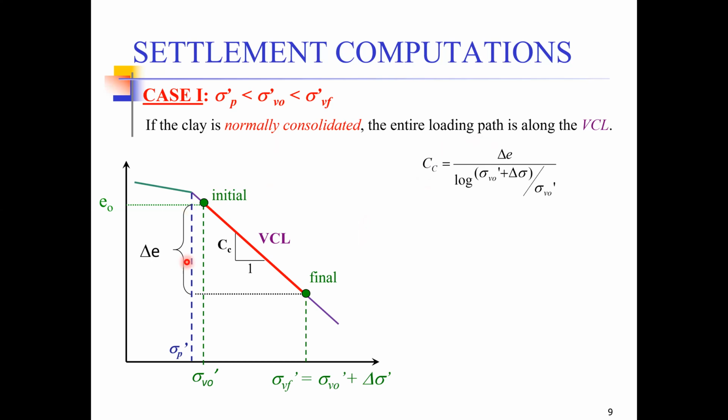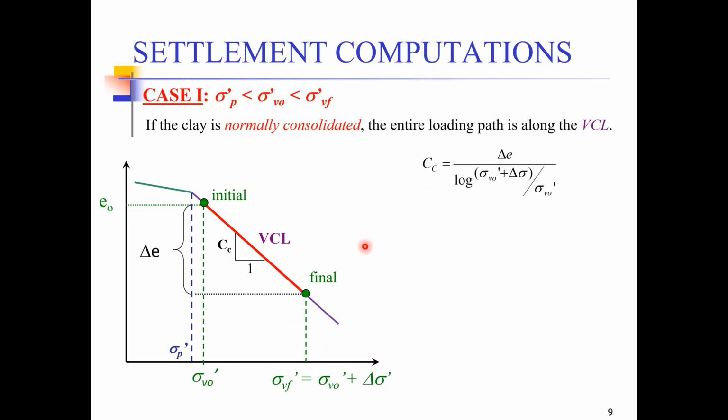Delta E is this y-axis value between the initial and the final, divided by the corresponding x-axis value, which is sigma V naught prime plus delta sigma divided by sigma V naught prime.